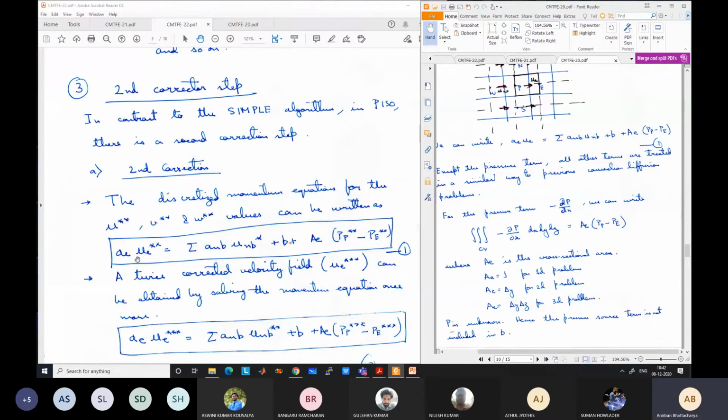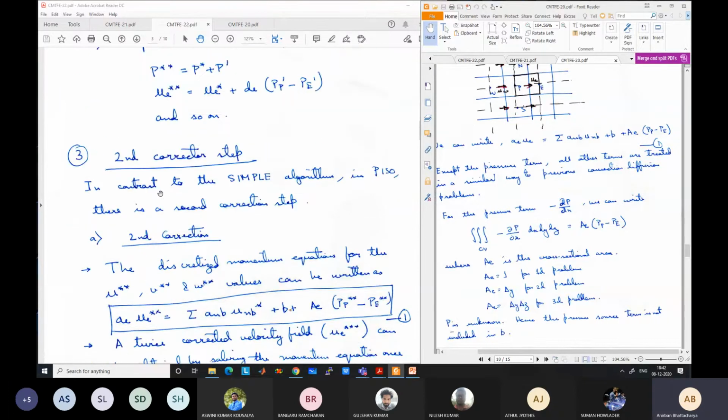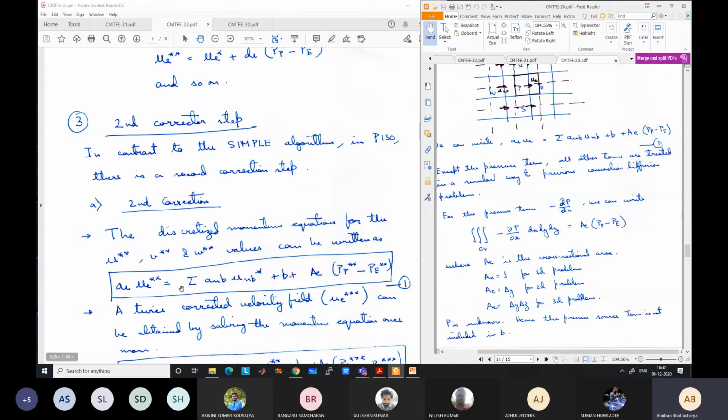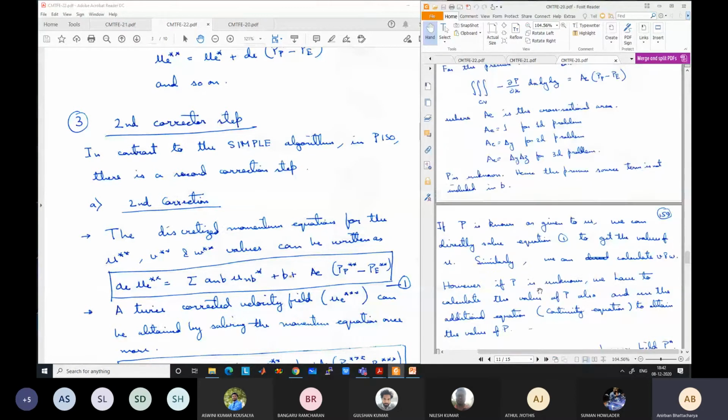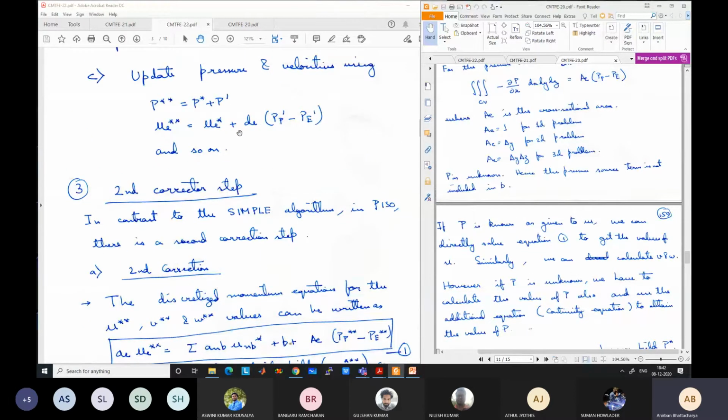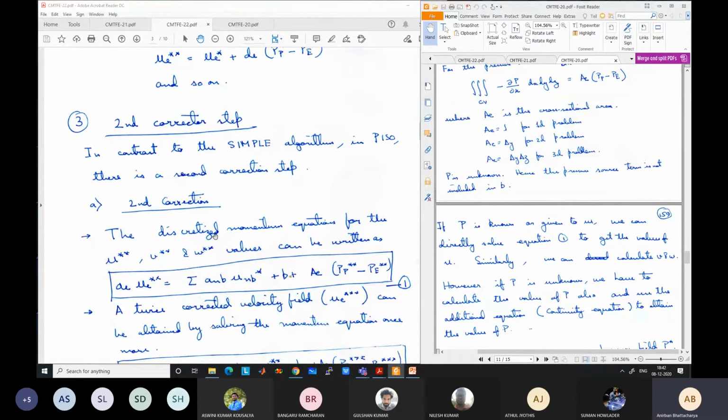Remember that we already know the double star values, because we have updated them in this step. aE uE double star is equal to summation of aNB uNB star plus b, similar to the previous momentum equation, plus aE (PP double star minus PE double star). All double star values are known, we have updated them in the previous step. So this entire equation is known.